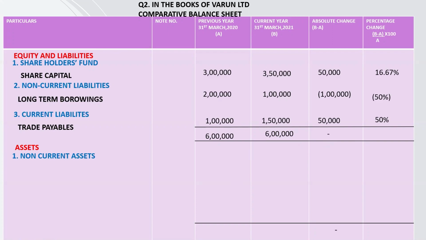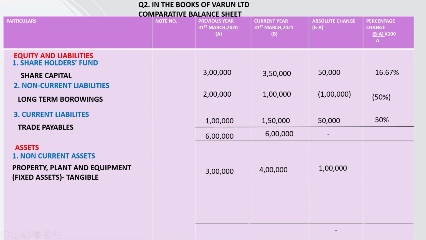Under non-current assets, property, plant and equipment are given, which are tangible assets comprising amounts of rupees 3 lakh and 4 lakh. The difference of 4 lakh minus 3 lakh is 1 lakh. Now this 1 lakh divided by 3 lakh is 33.33%. Then we have current assets comprising trade receivable.